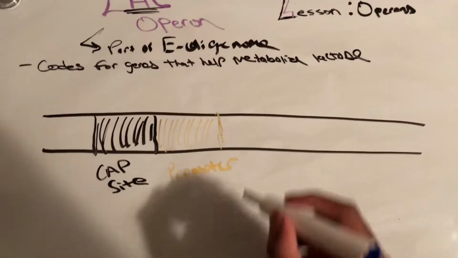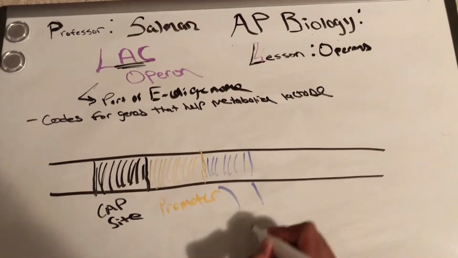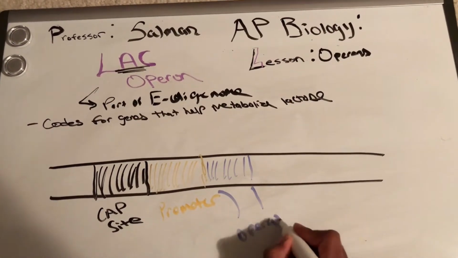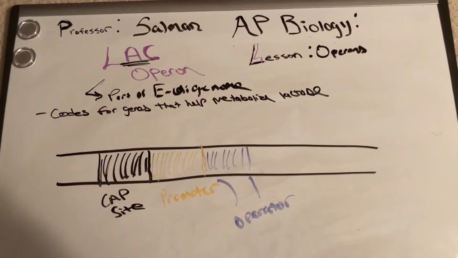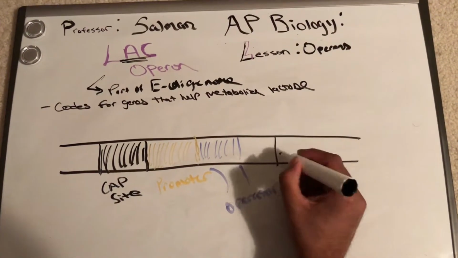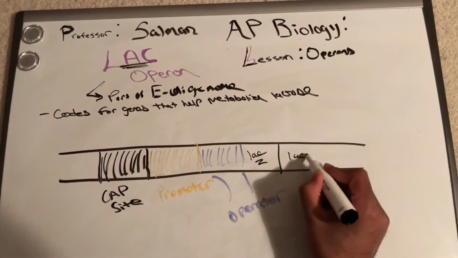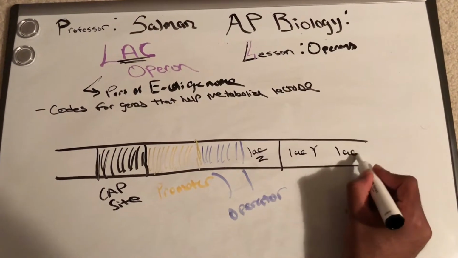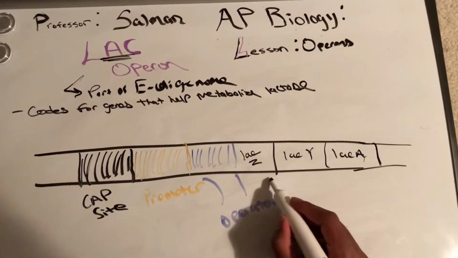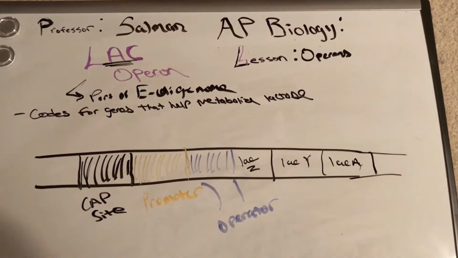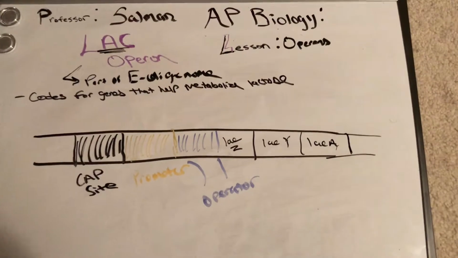And over here you have another region on the operon called the operator region. And then finally you have 3 genes on this operon, which include lacZ, lacY, and lacA. So these are your 3 genes, and what these 3 genes function to do is help metabolize lactose. So this is your whole operon.